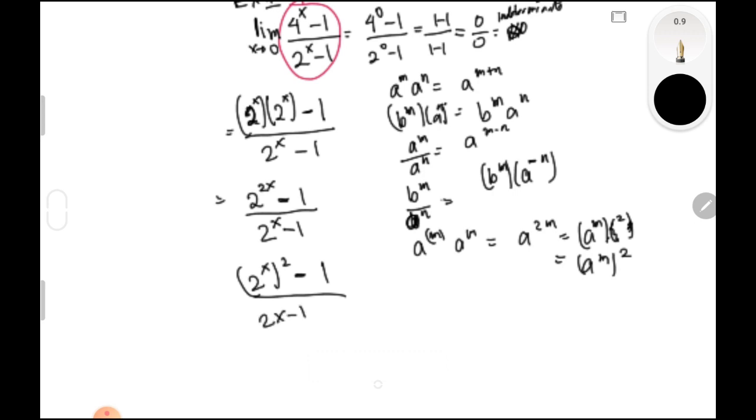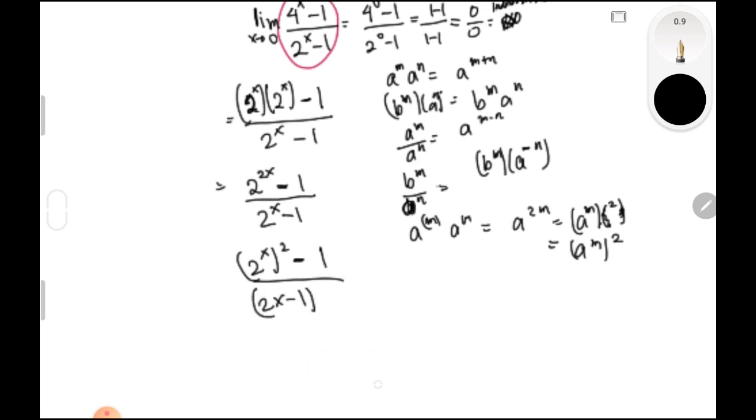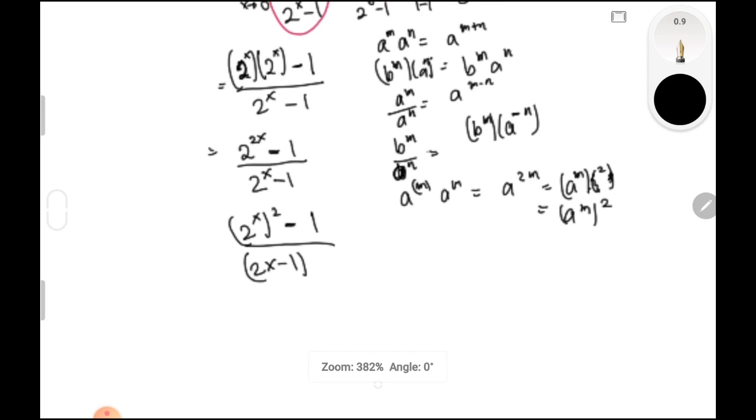2 raised to x minus 1. Okay, so therefore, since we have this factor, we can go back to our equation: a plus b multiplied by a minus b is equal to a squared minus b squared. Tama?